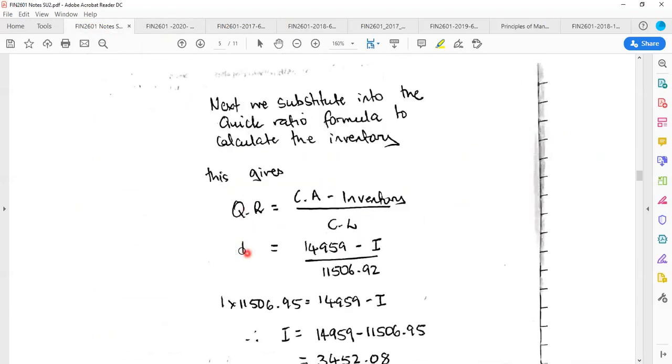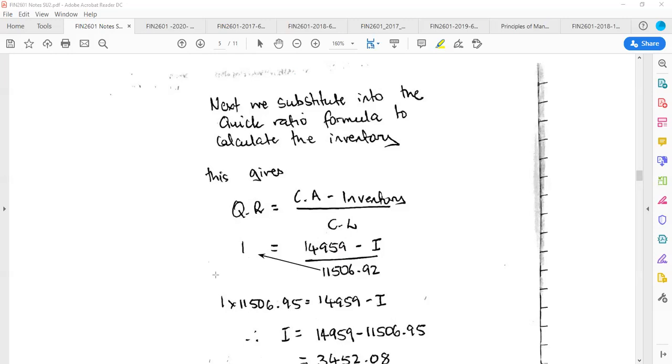So we say 1, which is the quick ratio, is equal to current assets of 14,959 minus the inventory I, which is what we want to find, over the current liabilities, right? So now we need to solve for this I. There's some maths involved again, right? You see this 11,506.92 is at the bottom. We take it to the other side so that it multiplies with 1.